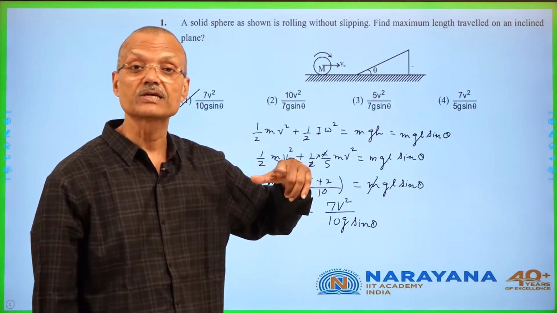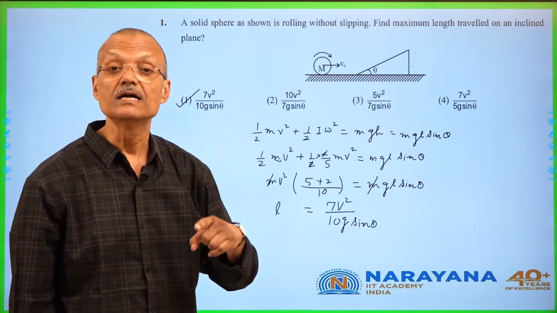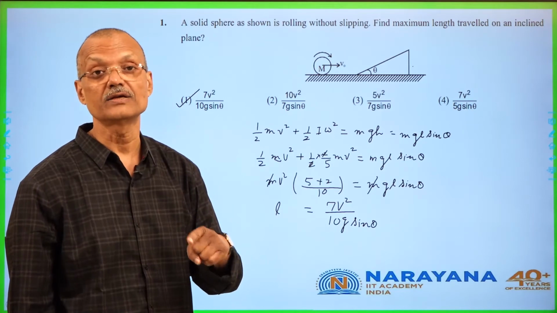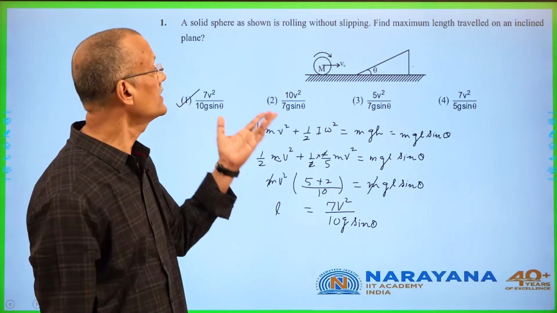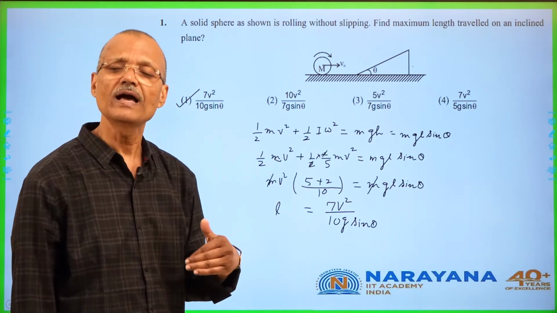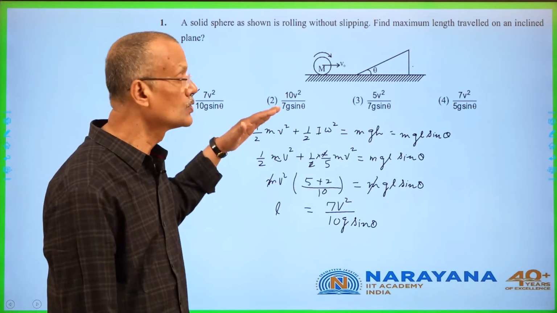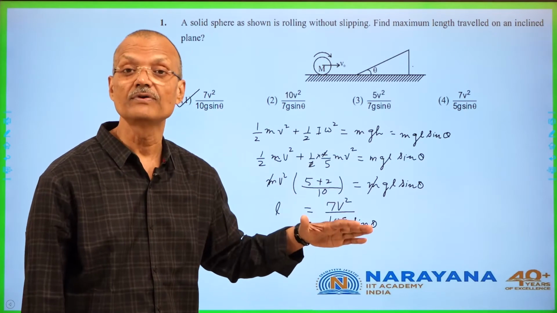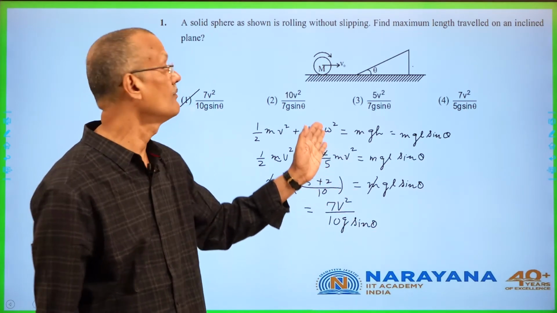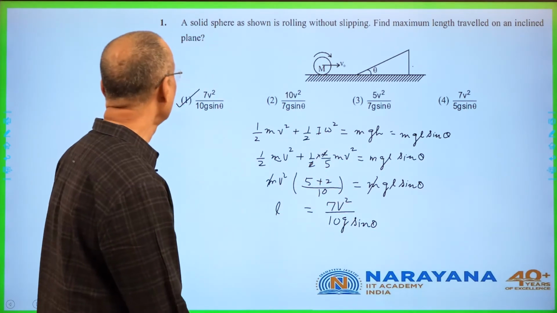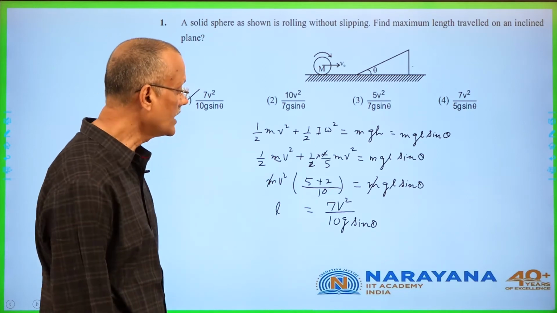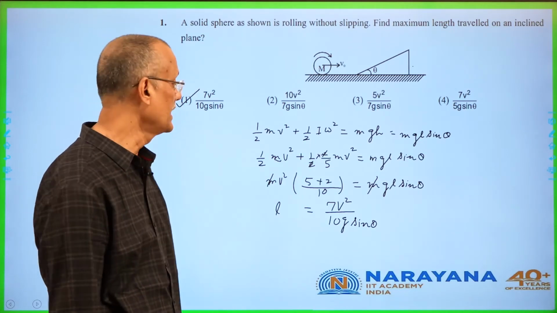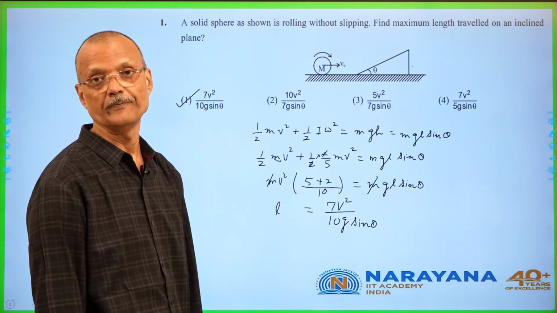In that situation, you will have to equate translational kinetic energy to potential energy. Here they have not mentioned it, so we have assumed that it has rolled on the inclined plane. Friction is sufficient for the body to roll over the inclined plane, and in that way you get the answer 7v squared by 10g sine theta.